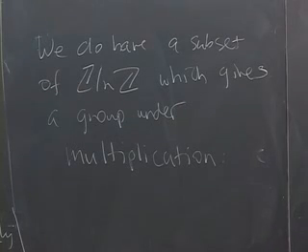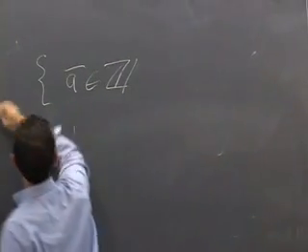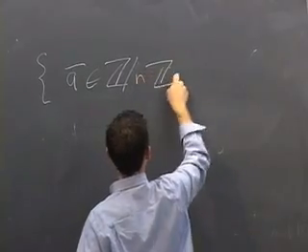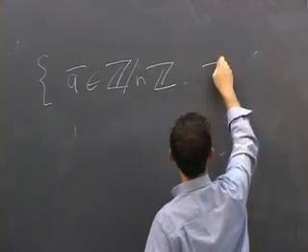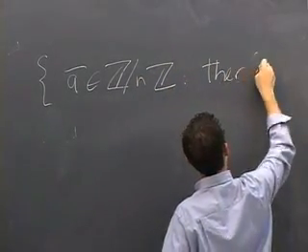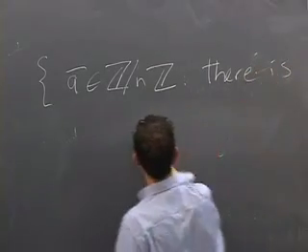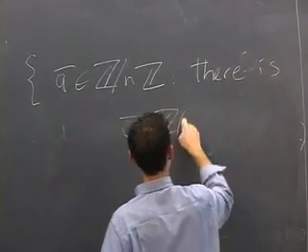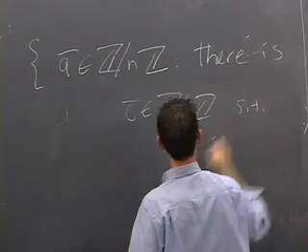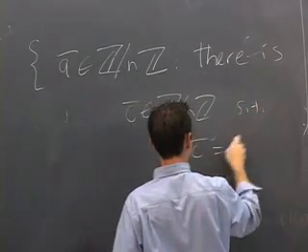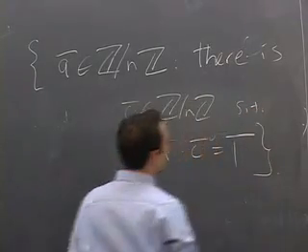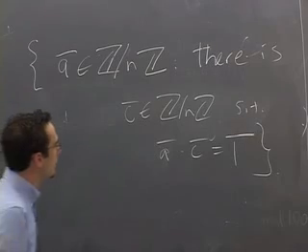So the A bar in Z mod NZ such that there is C bar in Z mod NZ such that A bar times C bar is 1 bar.